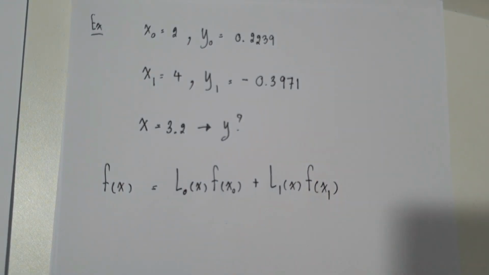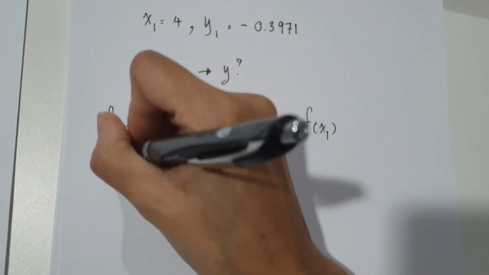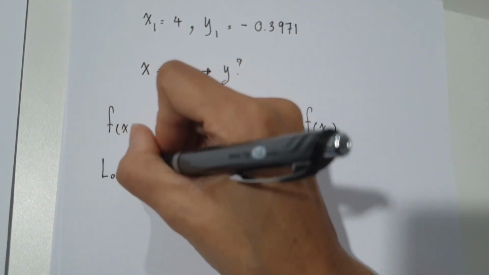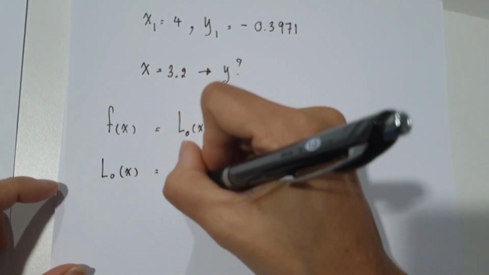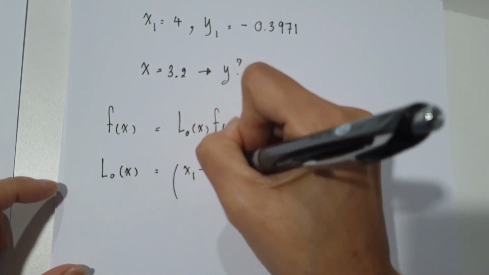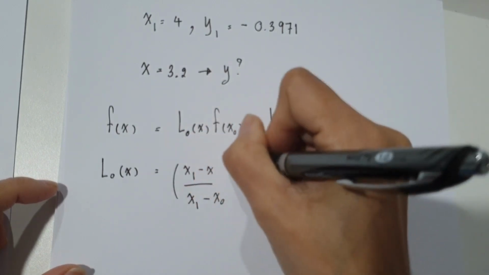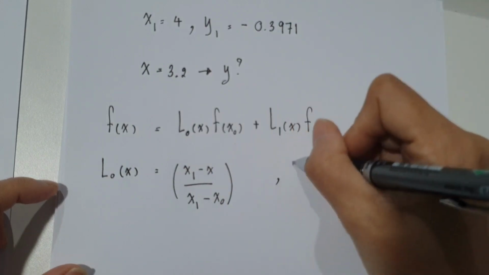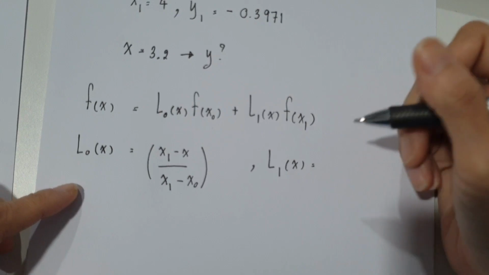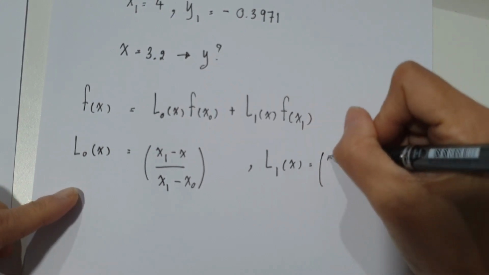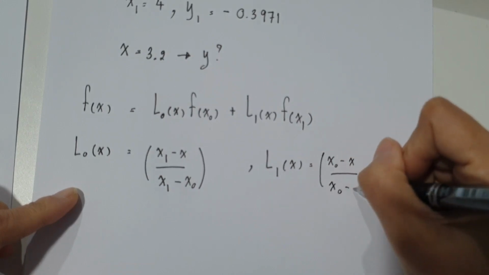L0(x) can be computed from (x1 minus x) over (x1 minus x0), and L1(x) can be computed from (x0 minus x) over (x0 minus x1).